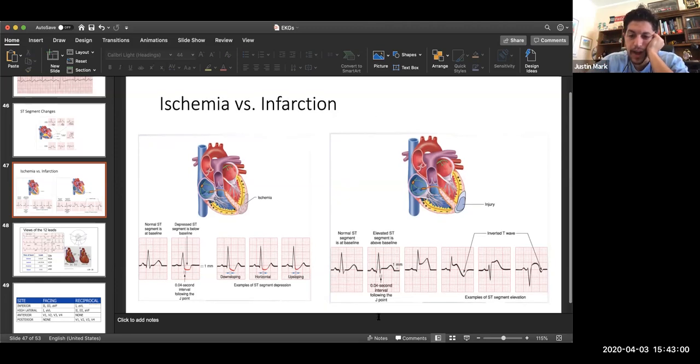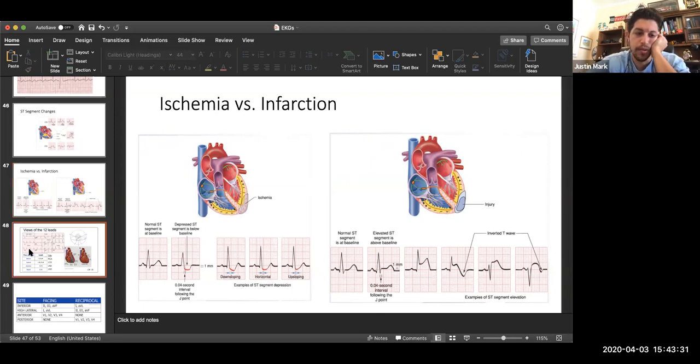Then compare that to ST elevation. This is very clear, right? Sometimes you can change the J point, that's the connection between the QRS and the ST. So that J point could be elevated. This is just emphasizing the difference between the different types of ST elevation. You can also have inverted T waves, which is representative again of some sort of ischemia leading to infarct.